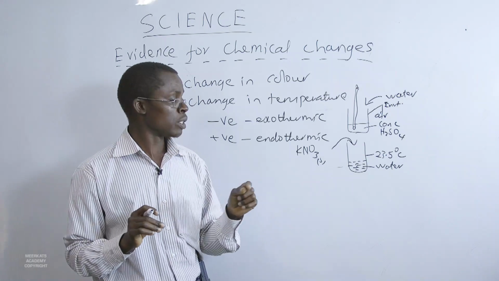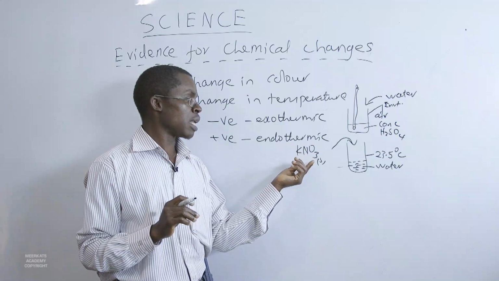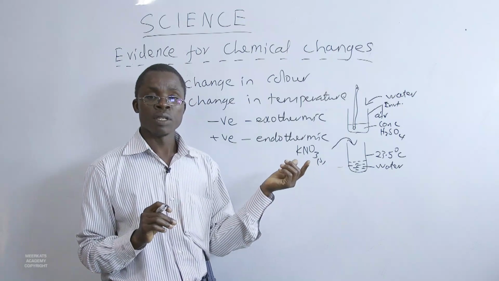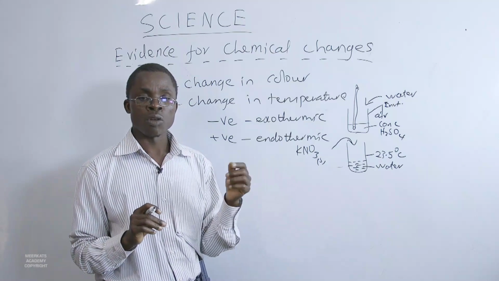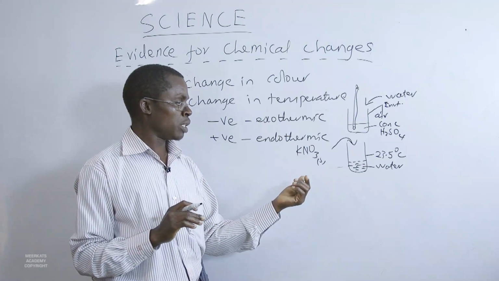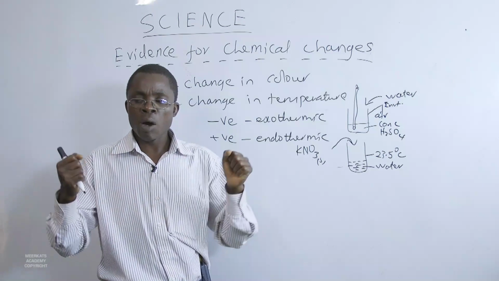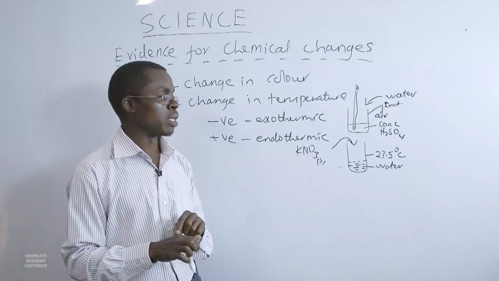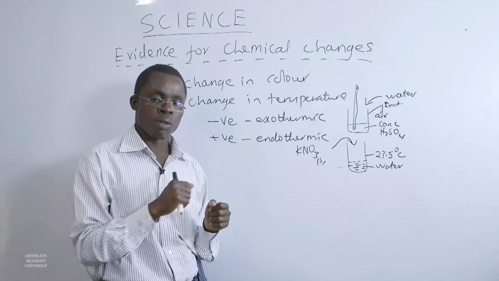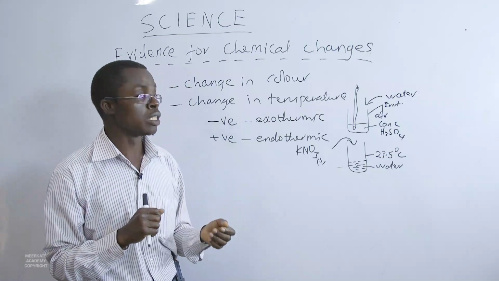Why? Because as you are dissolving potassium nitrate in water, enthalpy change of solvation, the system, which is now potassium nitrate solution, takes away heat energy from the environment, and that is from the beaker, that is from the air around, making the beaker more cold than it was.